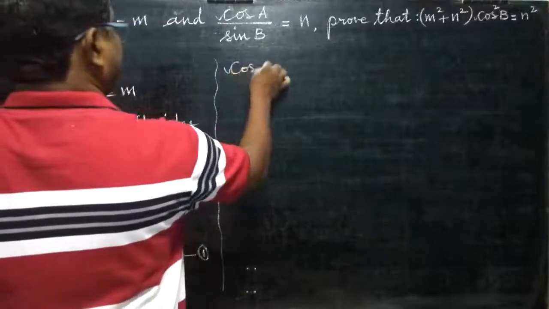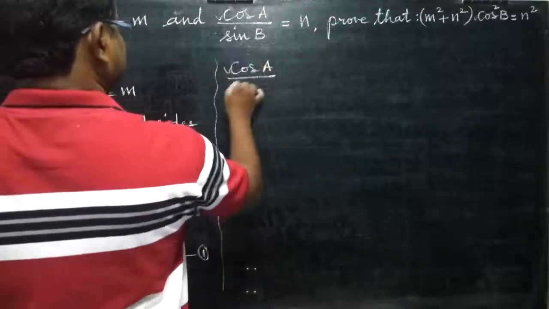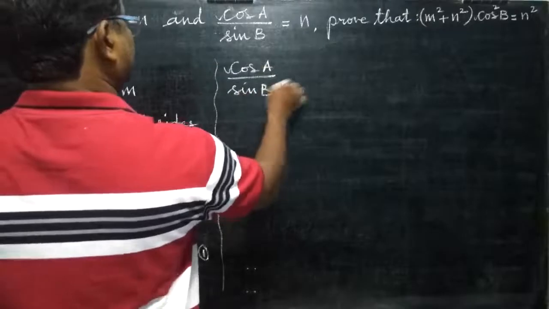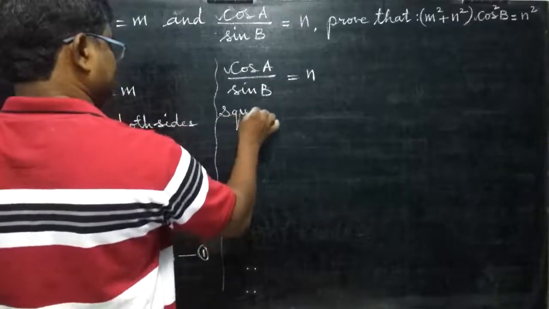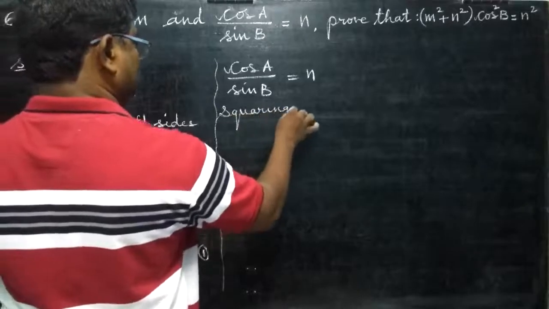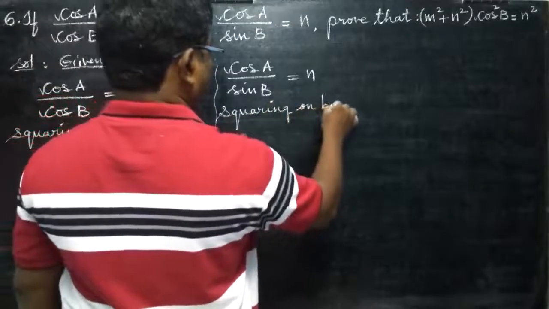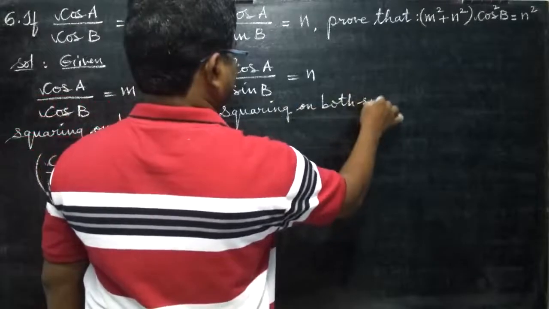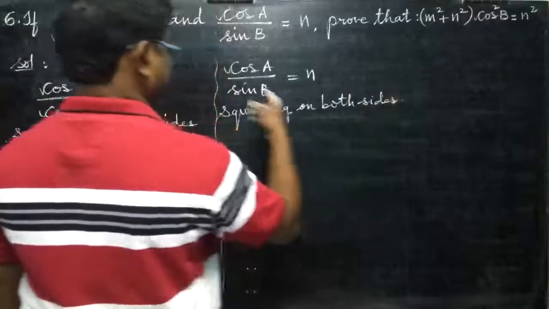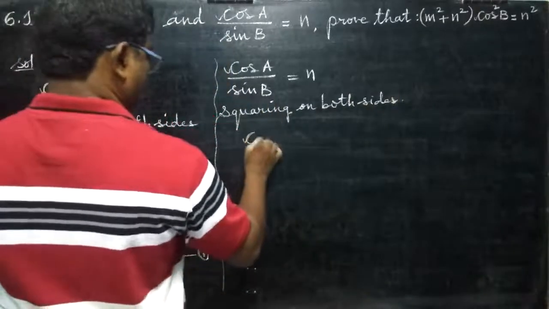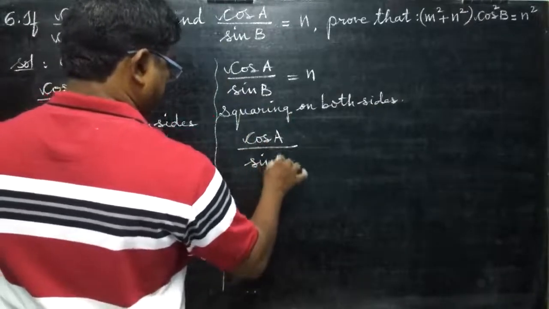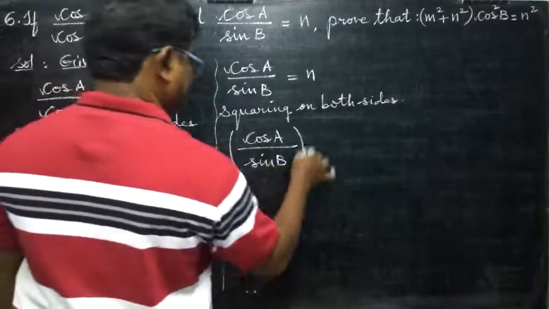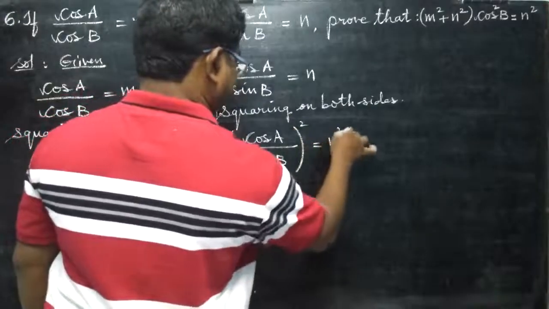Cos A by sin B is equal to n. Here also the same. Squaring on both sides. At a stage you can do it together, but it will be confusing, so do it separately. So cos A by sin B whole square is equal to n square.